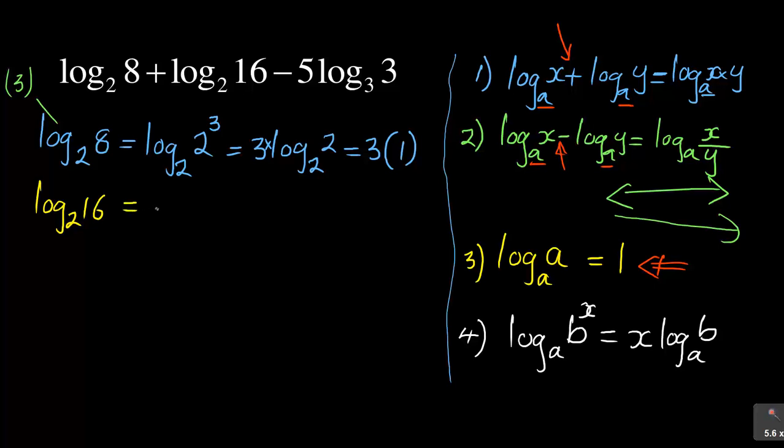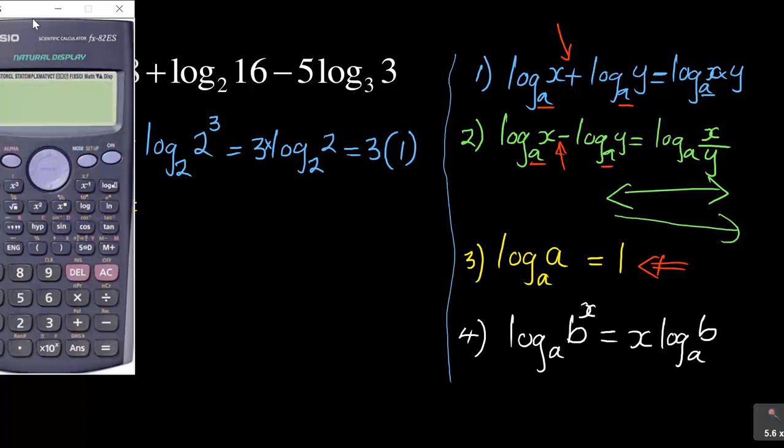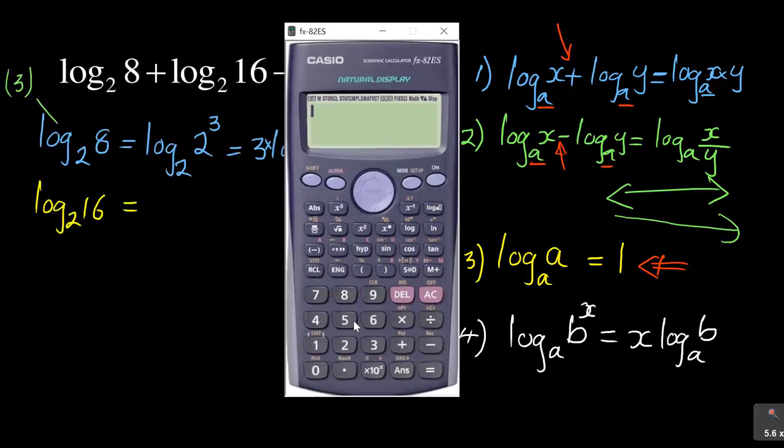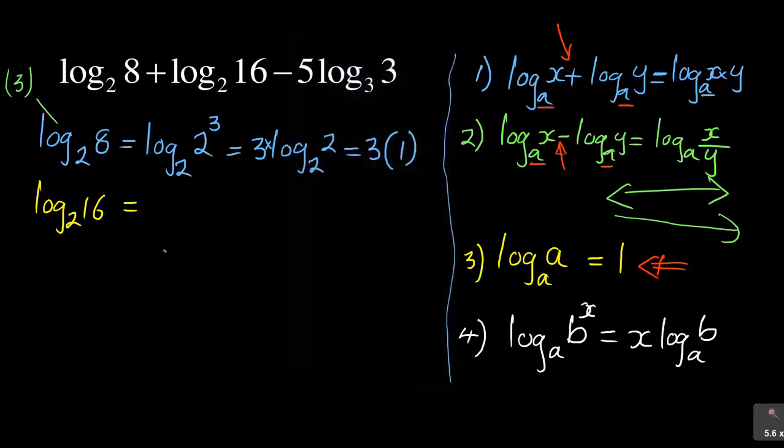It will be equal to, also there's something interesting with 16. As I said, as a student you need to know such numbers. 16 is the same as 4 times 4, but in terms of 2, it is 2 times 2 times 2 times 2. You can see 4 of them will give me 16. So you could have written it as log in base 2 of 2 to the power of 4.